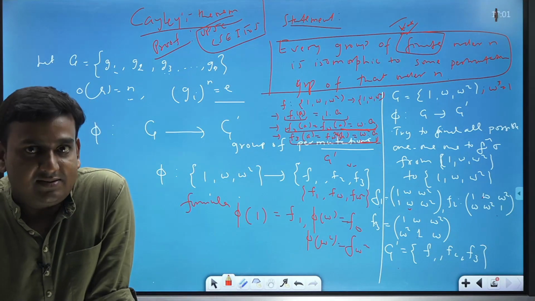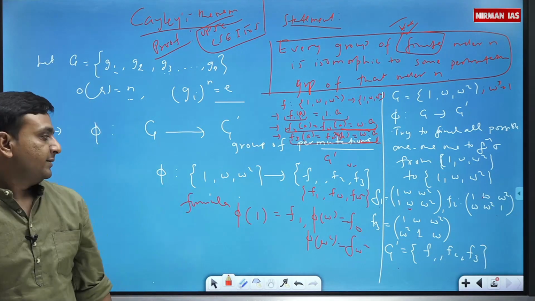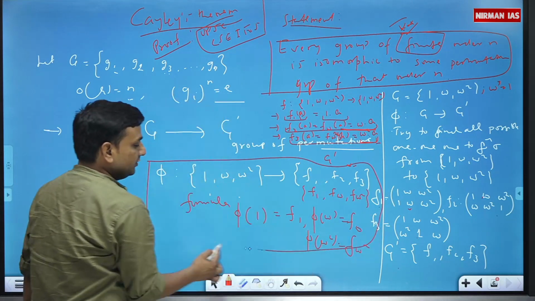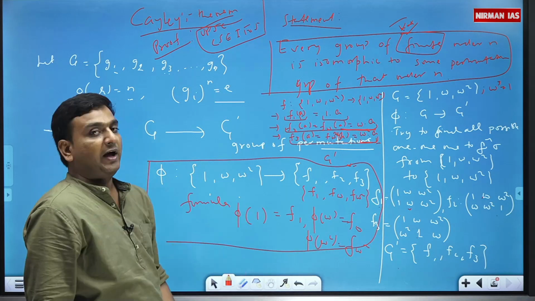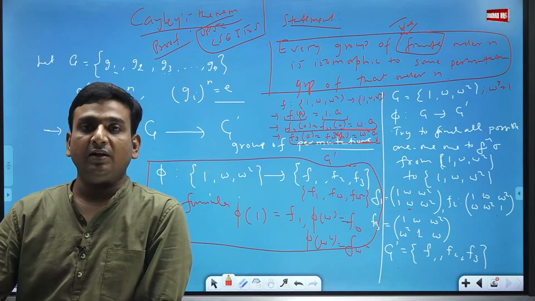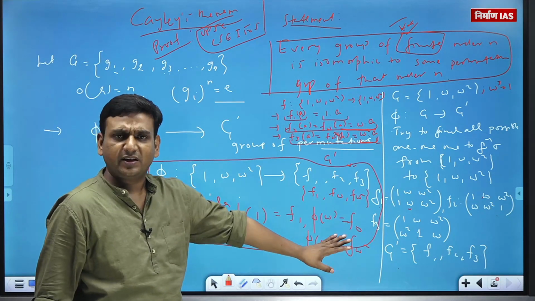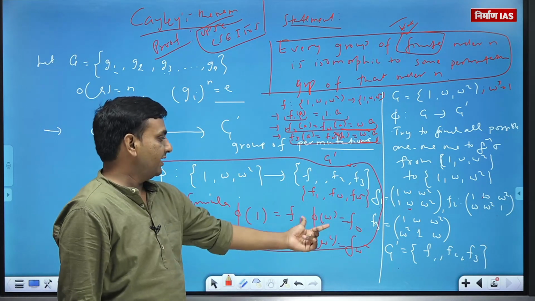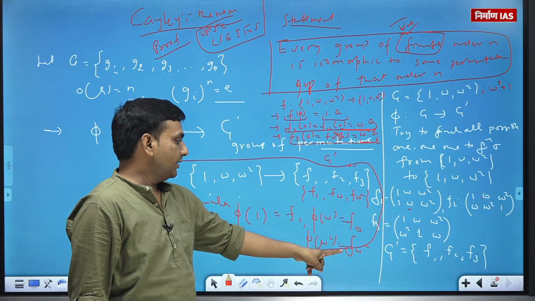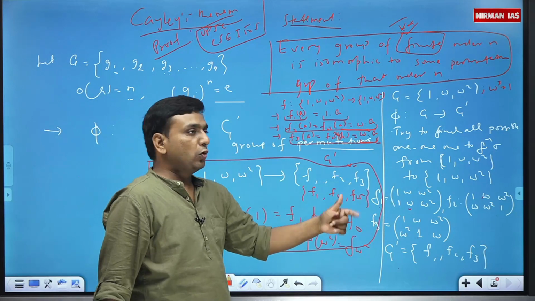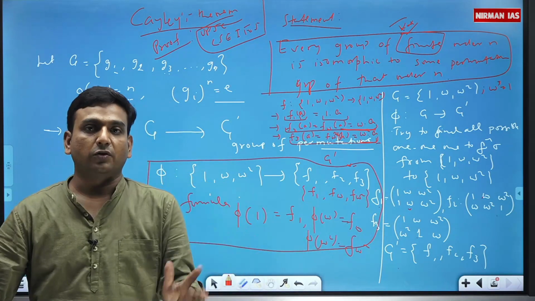Make a point of it here. Now our job is to check whether this phi is operation preserving and one-one and onto. One-one and onto is visible, because every element has a unique image and no element is remaining, which means the codomain is equal to the range also. So this is one-one and onto.